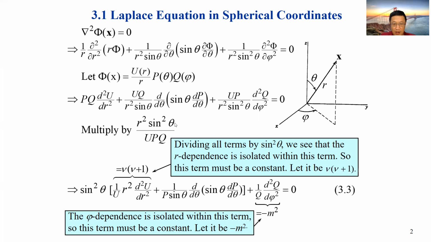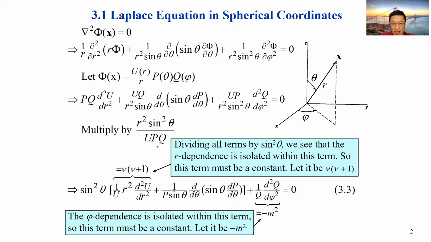Sine squared, 1 over u, pq cancel, r squared, d squared u, dr squared, plus 1 over p sine theta, 1 over uq r squared.